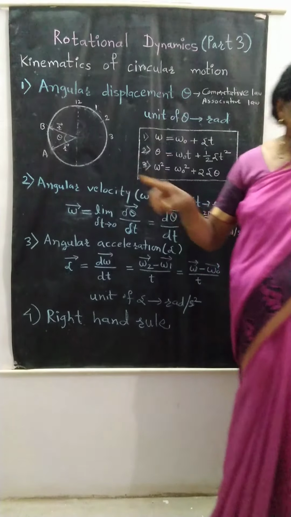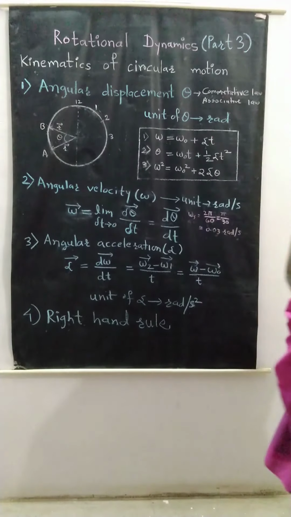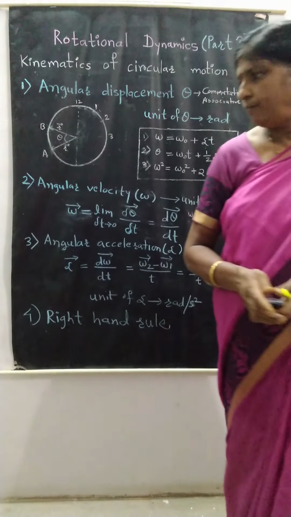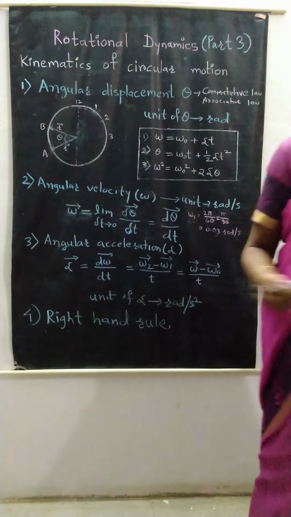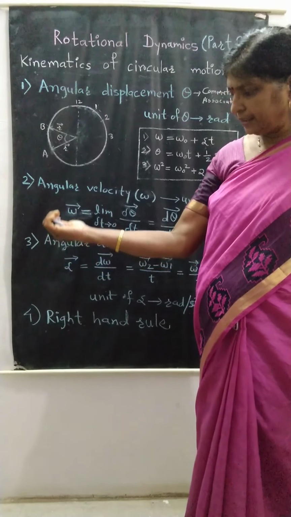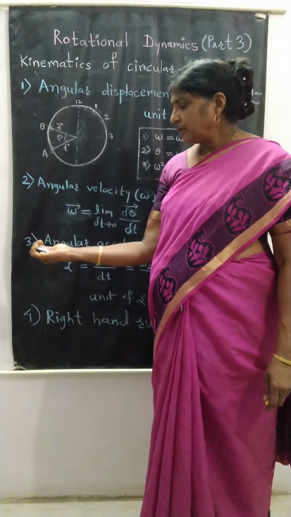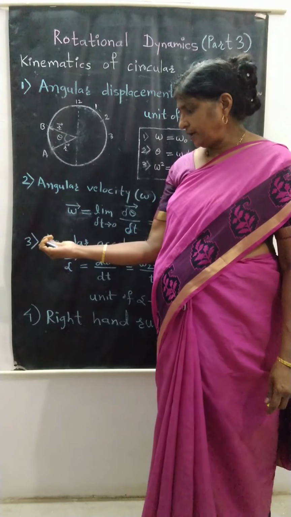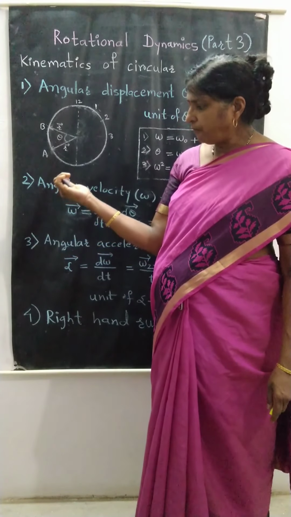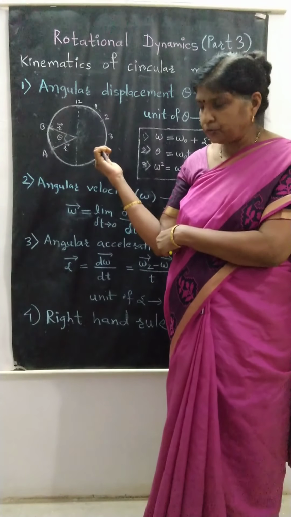Consider an object, and I am lifting this object in this manner. This is the initial position of the object, and now the object is performing circular motion about an axis passing through this point.